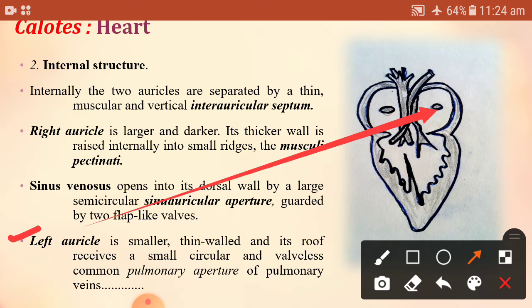At the middle position of this left auricle there is a particular aperture, the opening of the common pulmonary aperture, through which the pulmonary veins open into the left auricle. This opening is called the pulmonary aperture, and it is the opening of the pulmonary vein.